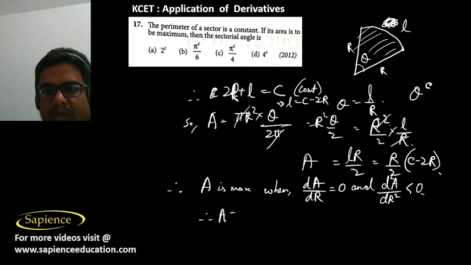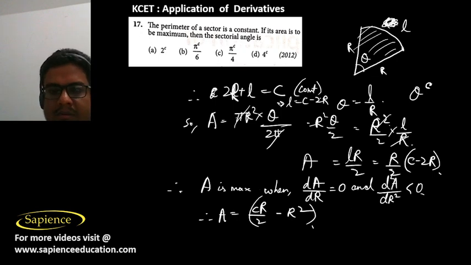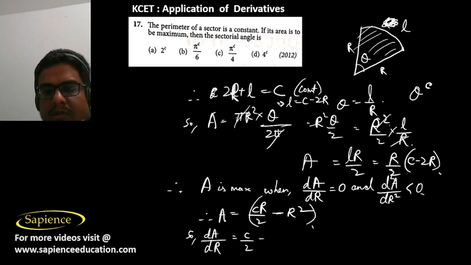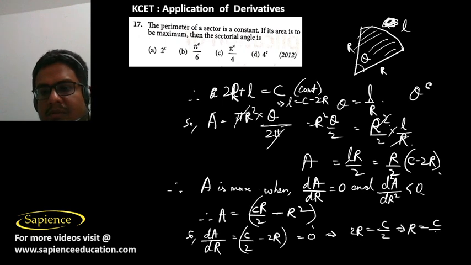So the area A is given as Cr by 2 minus r square. dA by dr is equal to C by 2 minus 2r. That should be equal to 0. So it means that 2r should be equal to C by 2. So therefore r should be C by 4.